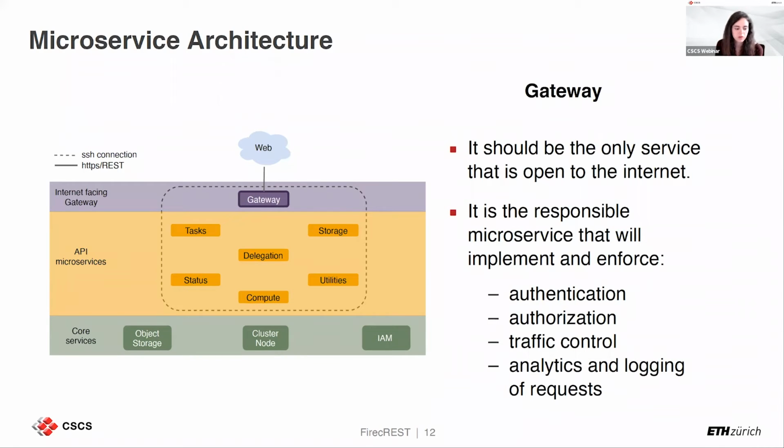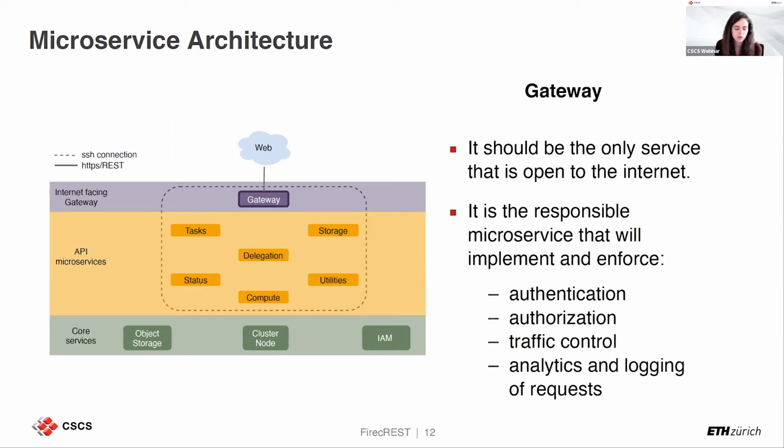So the request will start, and the first service it will meet is the gateway. The gateway should be the only service from FirecREST that is open to the internet so that the user can access it.